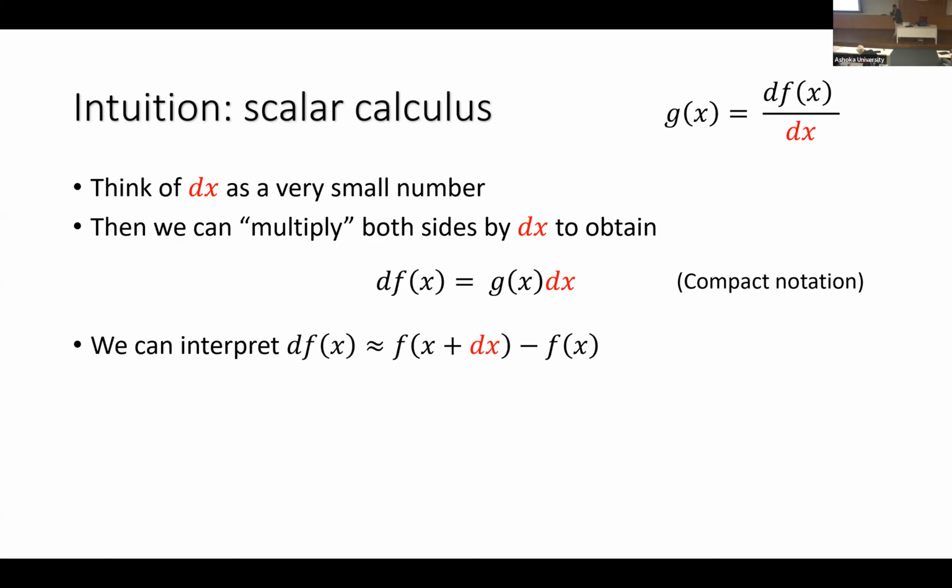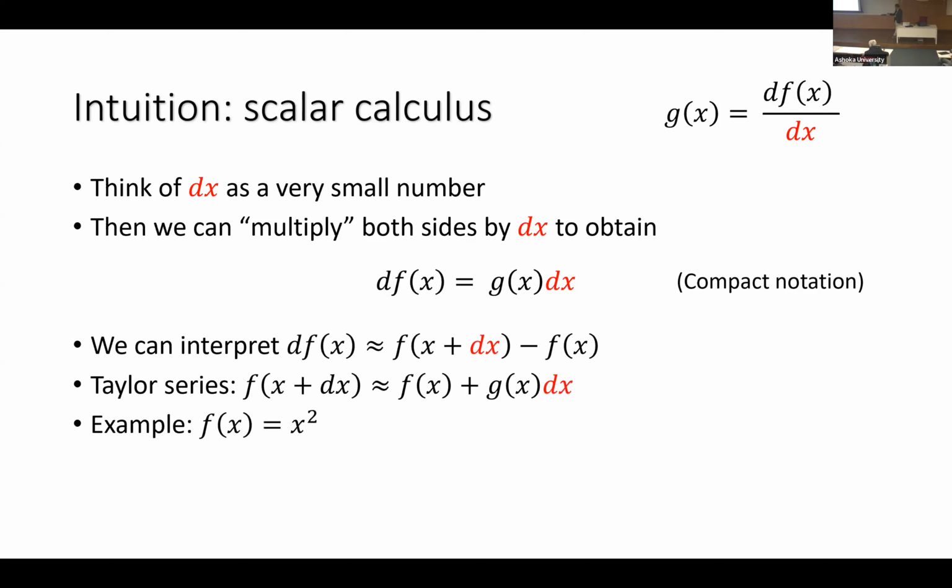Just f calculated just in front of x and then at x, and take the difference, right? This is a numerical intuition for gradient, for derivative. And if you talk about Taylor series expansion, then f of x plus dx would be, first order Taylor series expansion, f of x plus g(x) dx, right? So this is again saying the same thing.